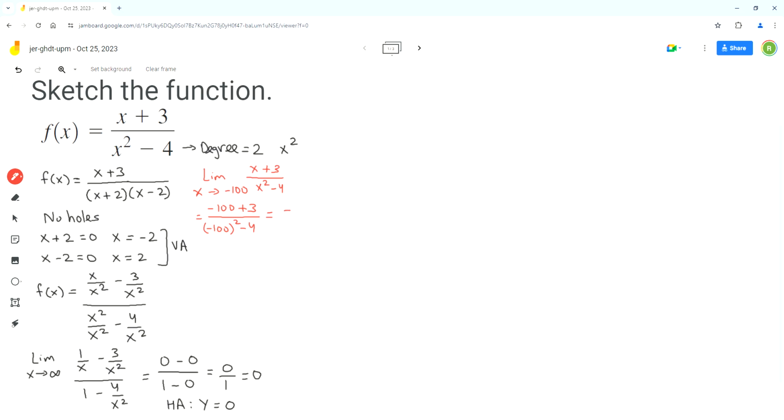So in the numerator we get a negative result, and in the denominator we get a positive result because negative 100 squared is 10,000. So the overall value is negative. That means on the left side the curve approaches the horizontal asymptote from below.